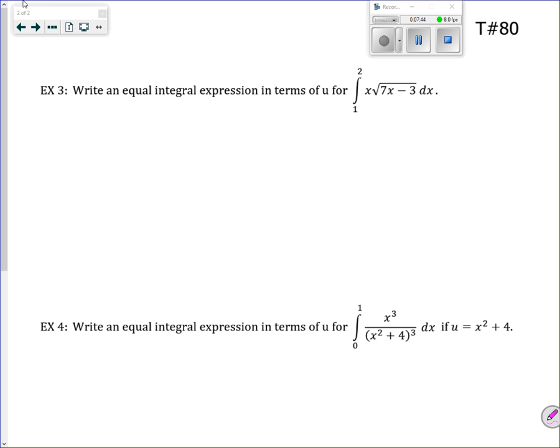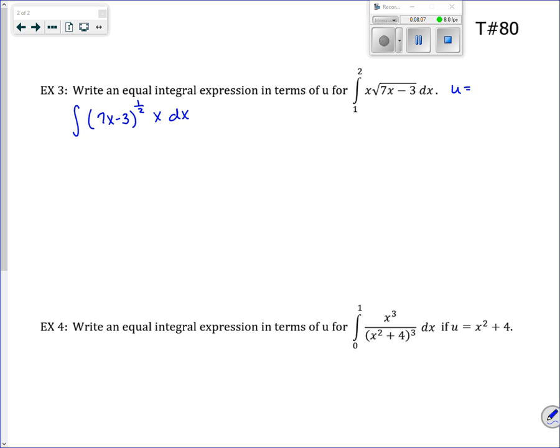Okay, so let's see. Let's pretend that it says, write an equal integral expression. I'm going to write it over here so I can have room to write. Really, that's 7x minus 3 to the 1/2, and then you have an x dx.